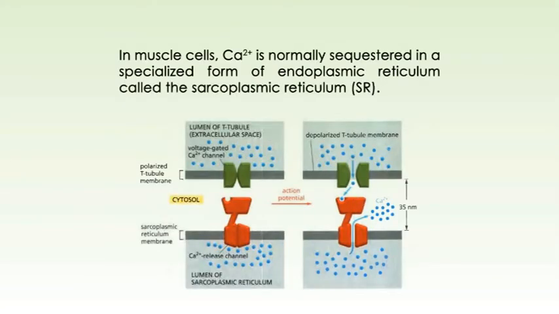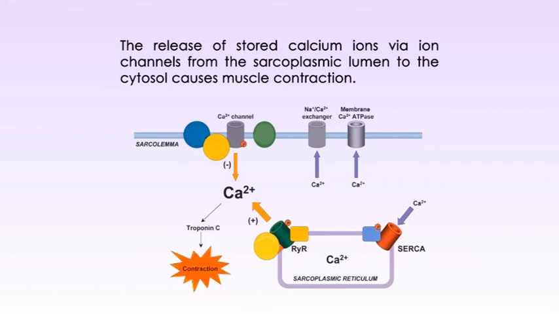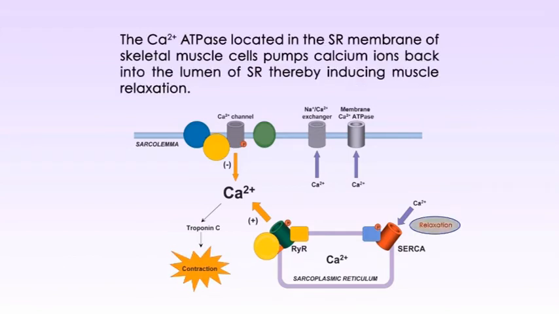In muscle cells, calcium ion is normally sequestered in a specialized form of endoplasmic reticulum called sarcoplasmic reticulum, or SR. The release of the stored calcium ions via ion channels from the sarcoplasmic lumen to the cytosol causes muscle contraction. The calcium ion ATPase, located in the SR membrane of skeletal muscle cells, pumps calcium ions back into the lumen of the SR, thereby inducing muscle relaxation.